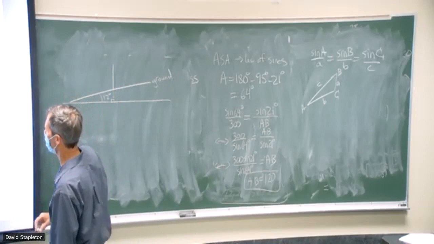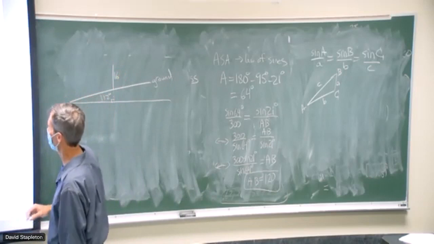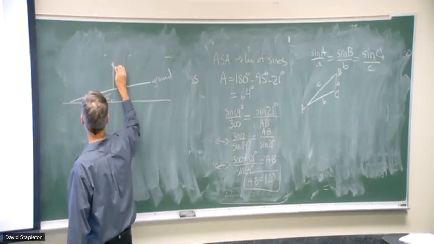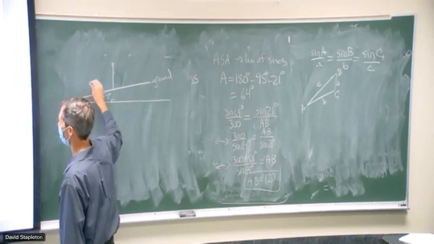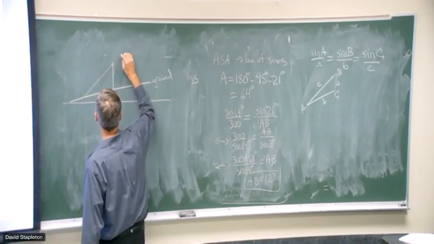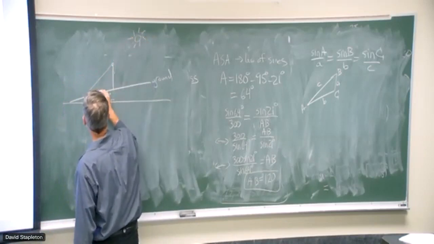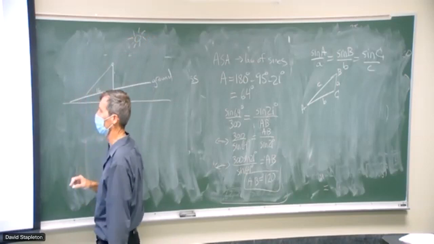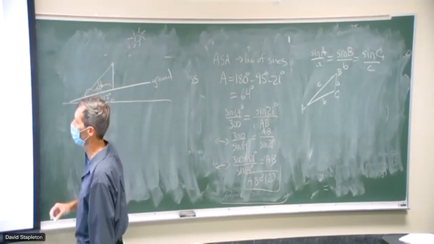I'm sorry, the pole's shadow is 16 meters long and points directly down the slope. So it's got a shadow that comes down here like this, coming from the sun. And this is 16 on this side.